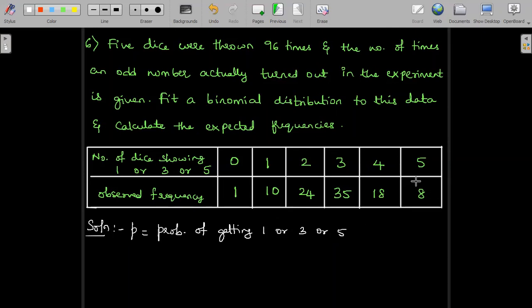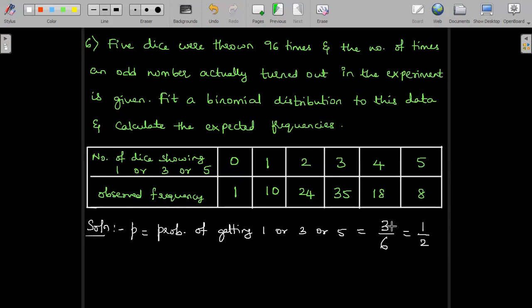Then n equal to 5 will take care of throwing 5 times. Okay. So this gives us P is equal to 3 divided by 6. So let me tell you how it is 3 divided by 6, which is 1 by 2.